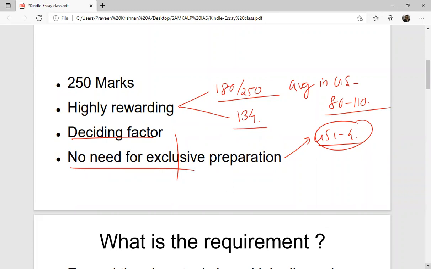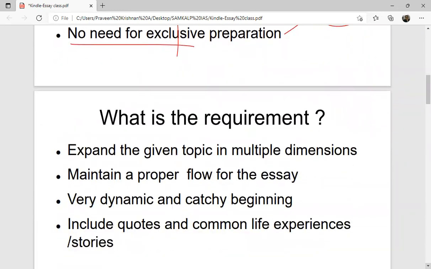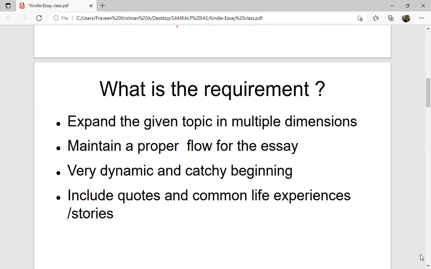When you come to the essay, you'll have to write 2 essays, each of 1500 words, and each one will carry 125 marks. That means on any given topic, you should be able to write 6 full pages, 12 sides of a paper.